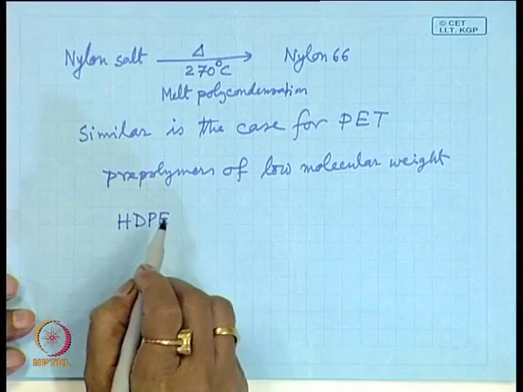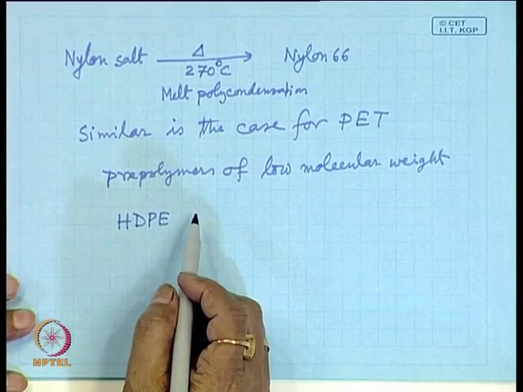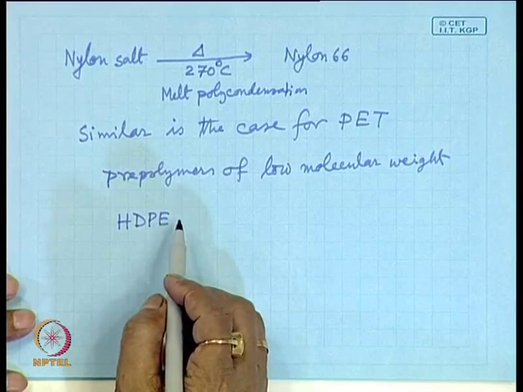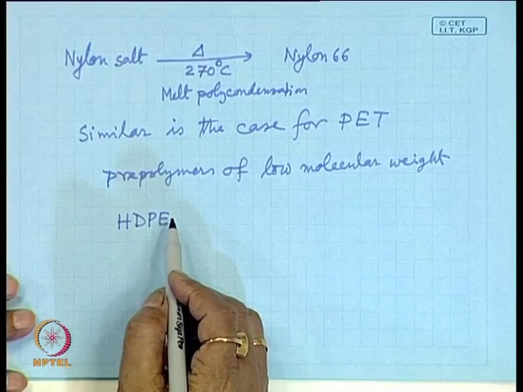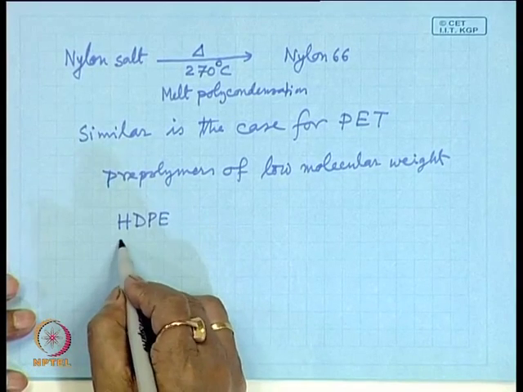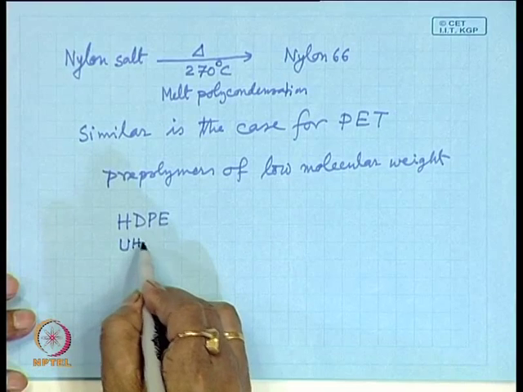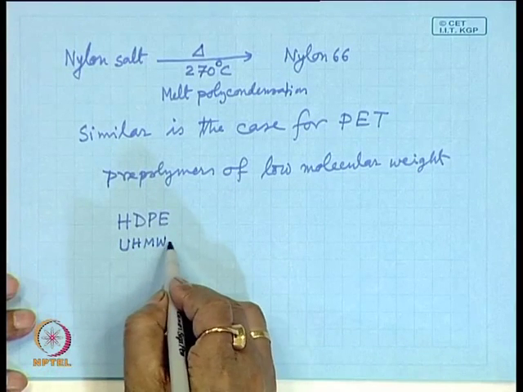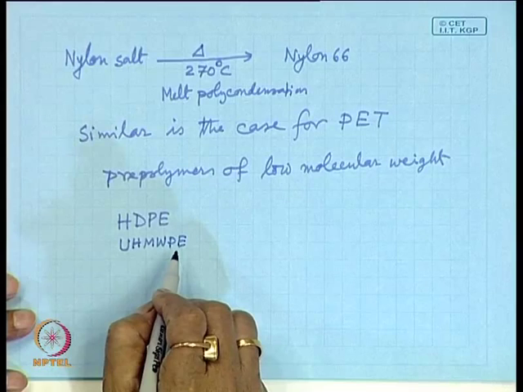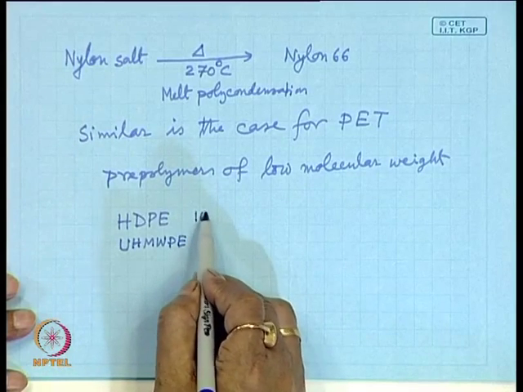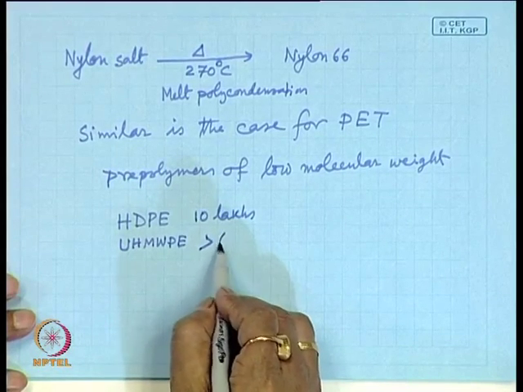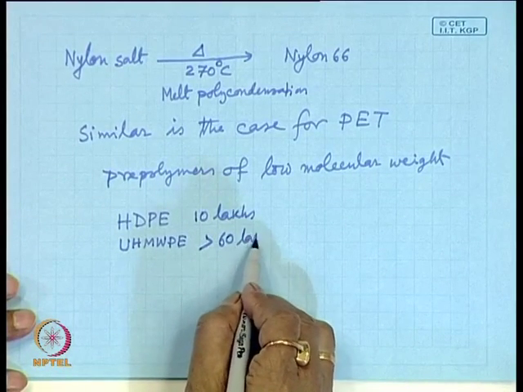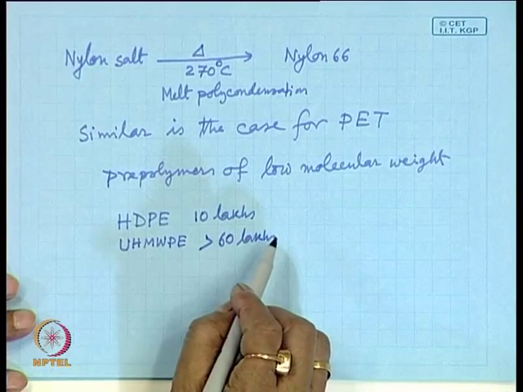What is the molecular weight of HDPE? Of course, it depends on the branching, say linear polymer. So, HDPE molecular weight is suppose 10,000, it is a rigid polymer, but ultra high molecular weight polyethylene is greater than 60 lakhs, 70 lakhs, 80 lakhs, like that.